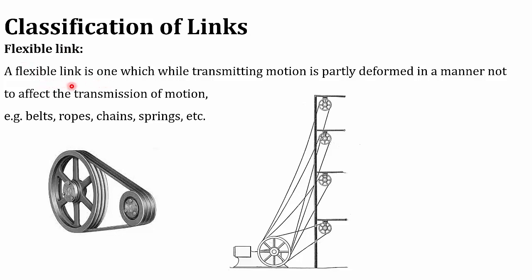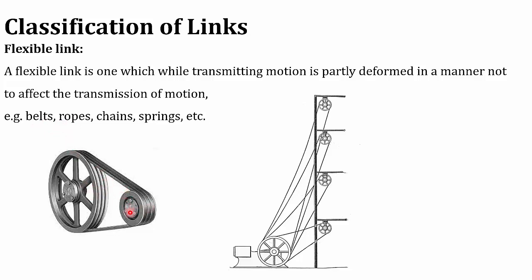A flexible link, in the sense, while transmitting motion, is partly deformed in a manner not to affect the transmission. So the link will partly deform, but it will not affect the transmission of motion. The example is the belt. You might have seen belt drives in flour mills. Belt drives are used to transmit power between two pulleys.